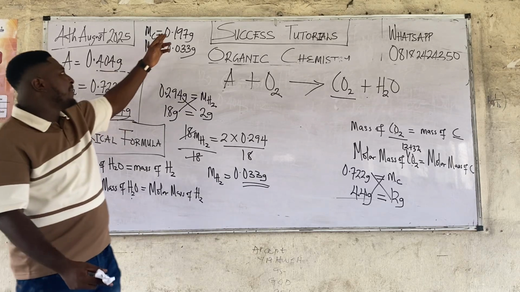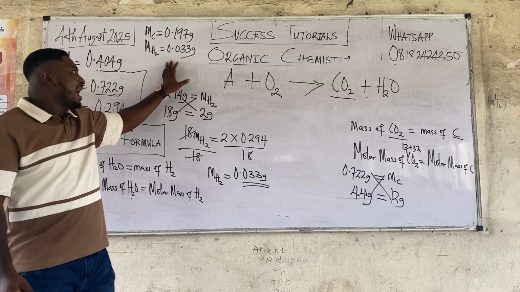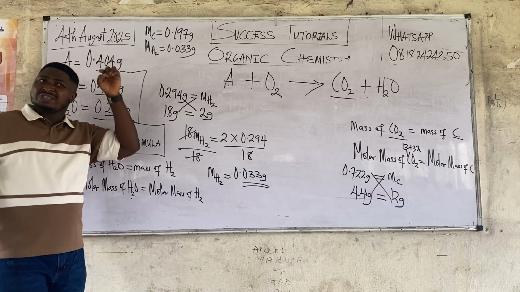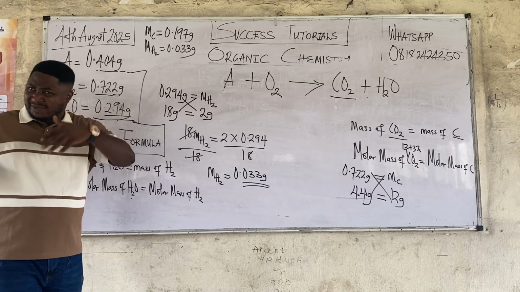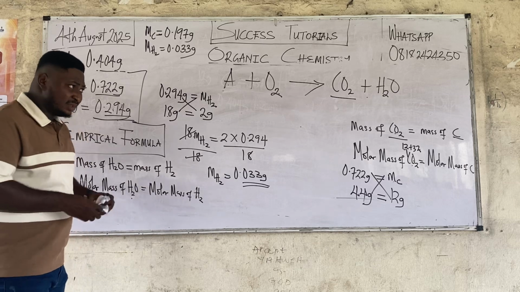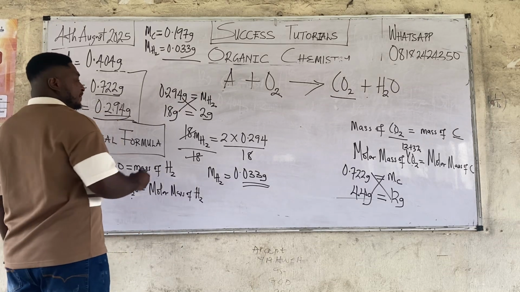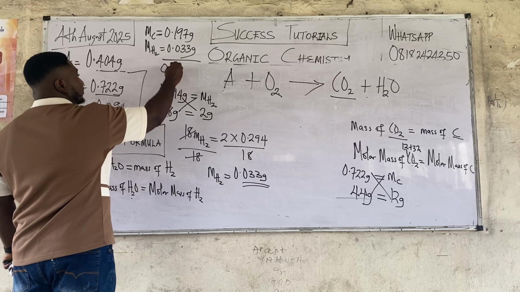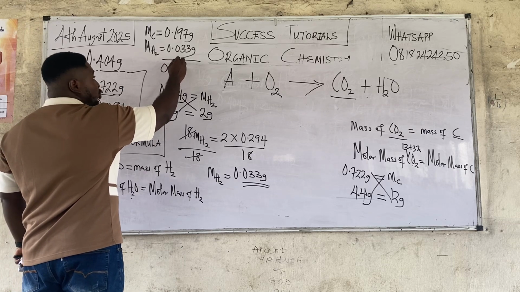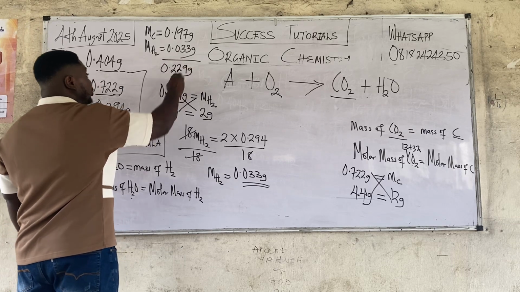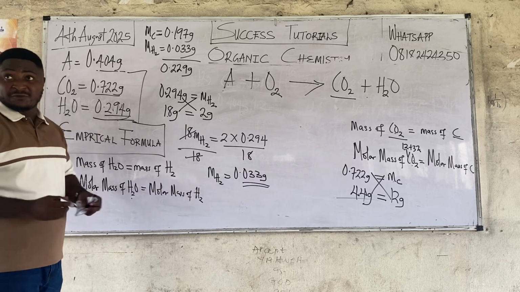If we add the mass of carbon and the mass of hydrogen together, and it doesn't give us 0.404, it means someone else is still inside, right? That's why it's not complete. That one must be oxygen. Let us add up the mass of carbon plus the mass of hydrogen. What are we going to have? 0.229 gram. It's not up to 0.404, right?